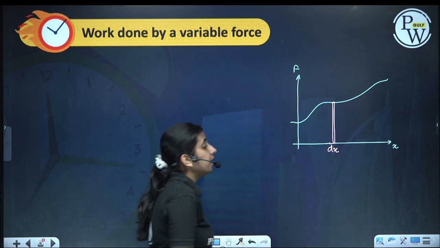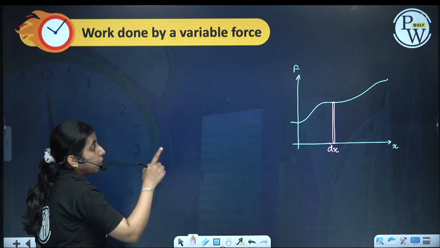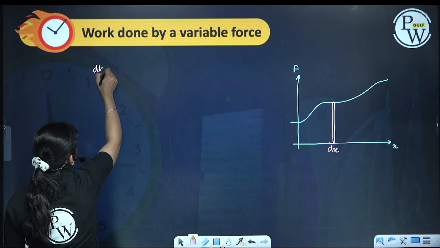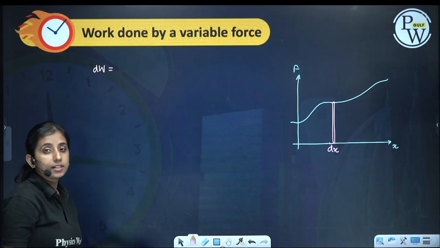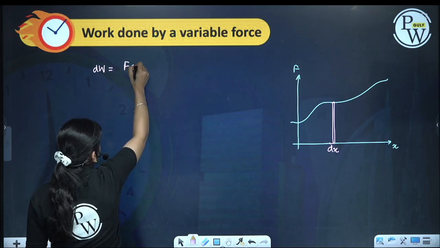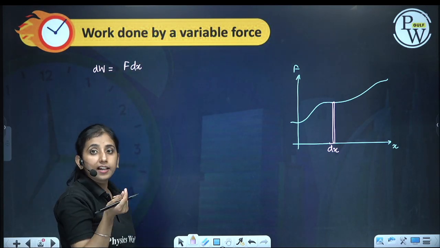If this dx is very small, then this force is almost a constant. So work done in this small displacement dx will be given by F dx, force F and dx displacement.